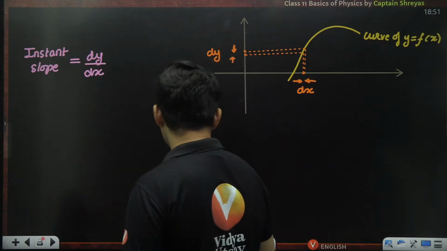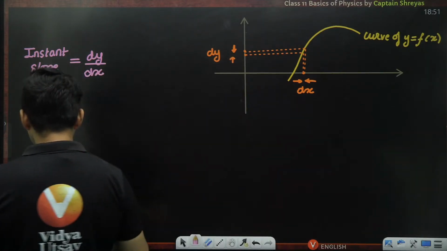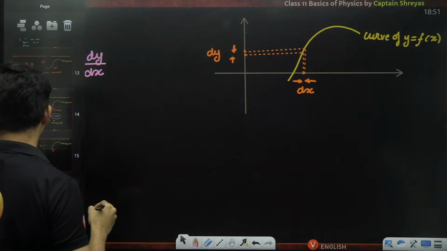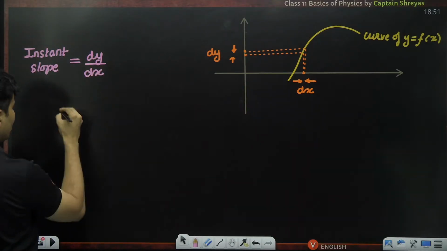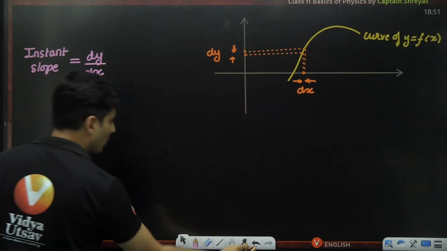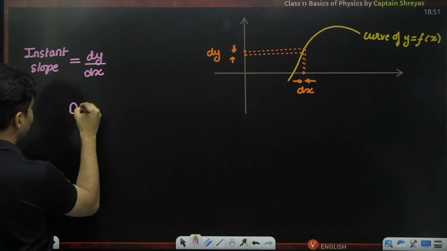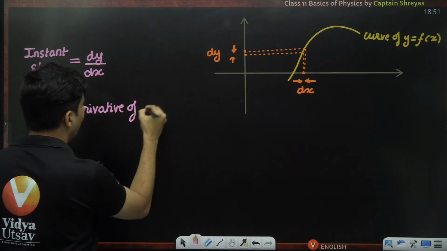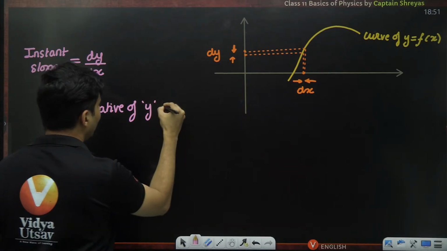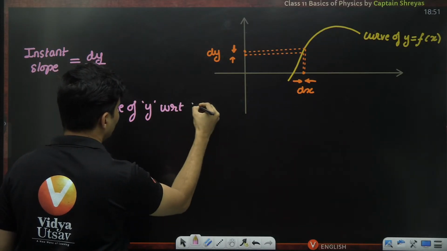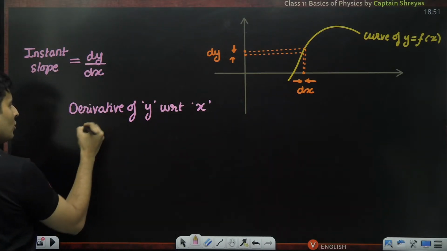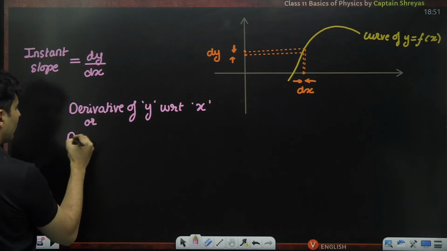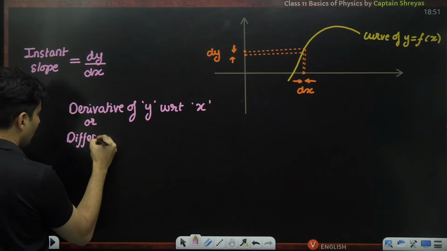By the way, this is also called the process of differentiation. So this is also called the derivative of that variable y with respect to that variable x. You can use the word derivative or the word differentiation.